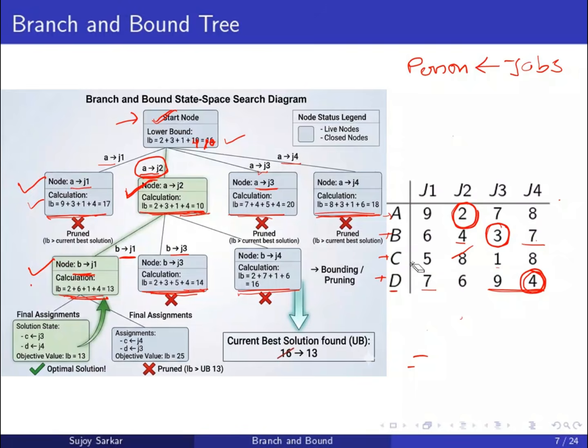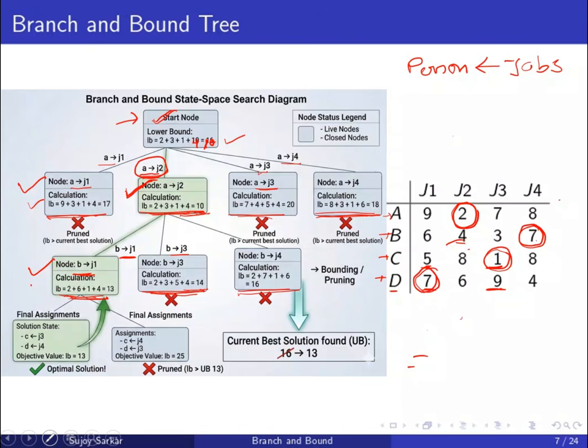Okay. Next we'll pick up this node. Here what is the assignment? A is assigned job 2, B is assigned job 4. So for C we have the option either job 1 or job 3. Minimum is 1. For D also job 1, job 3. Minimum is 7.